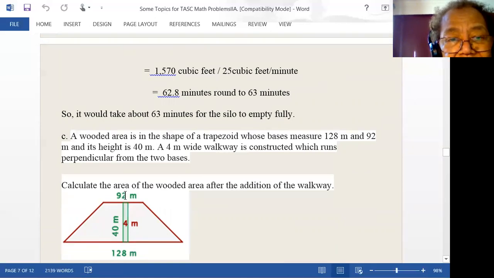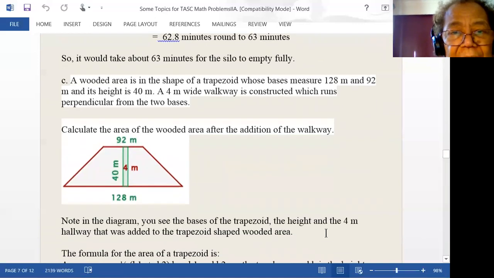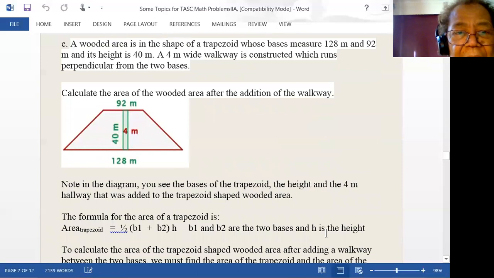Now we want to calculate the area after the addition of the walkway, which means we need to find the area of the trapezoid, and we need to find the area of the walkway and subtract that area of the walkway from the trapezoid, and we will get the area of the trapezoid after we've added the walkway.